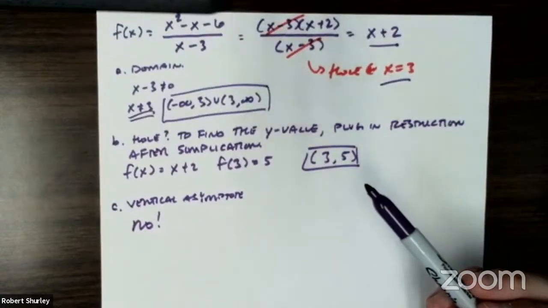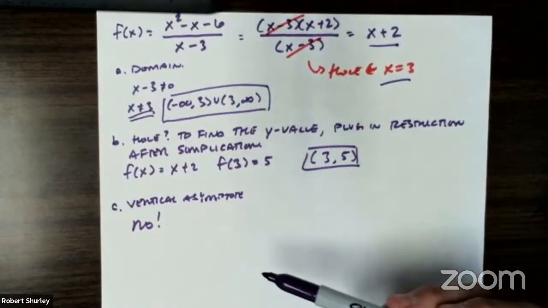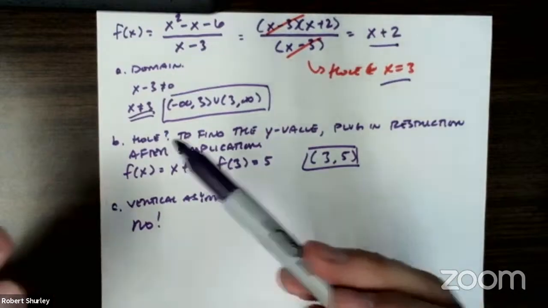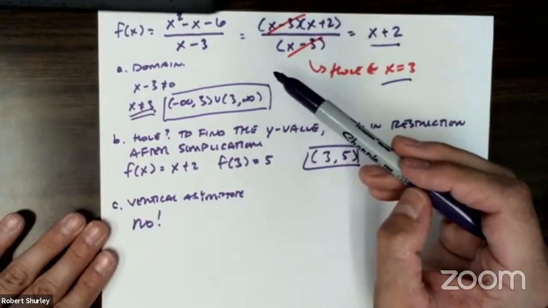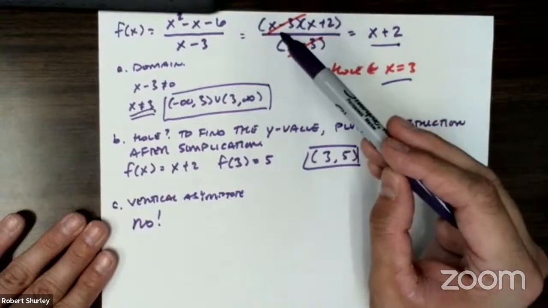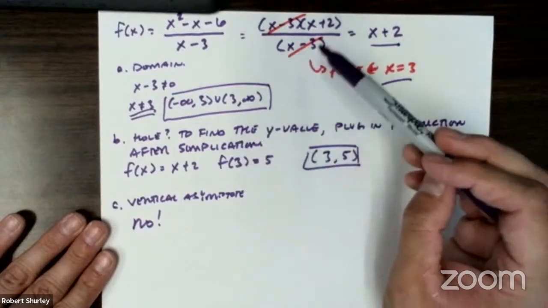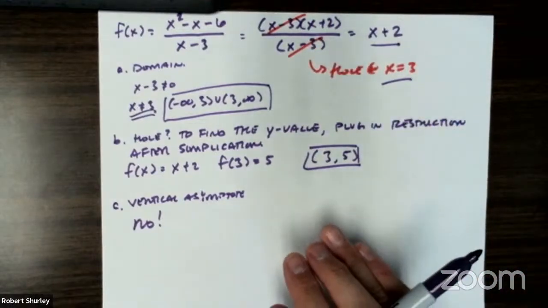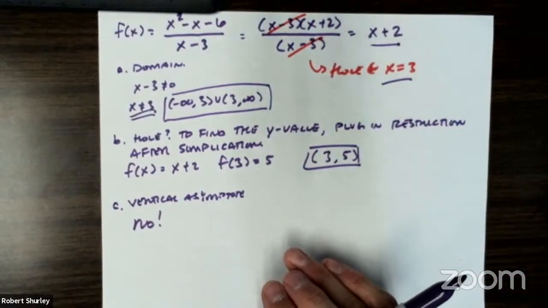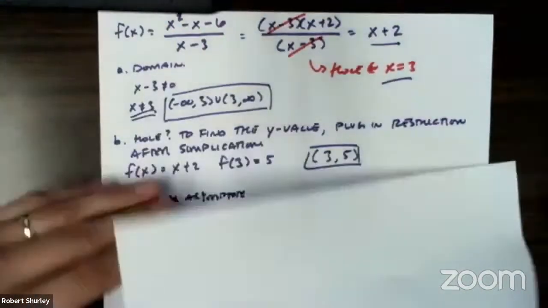Questions about this one? I'm going to do a vertical asymptote one next to show you when that happens. So if we have simplification from the numerator and denominator, we've got a hole at that restriction. So let's look at one that does not simplify.